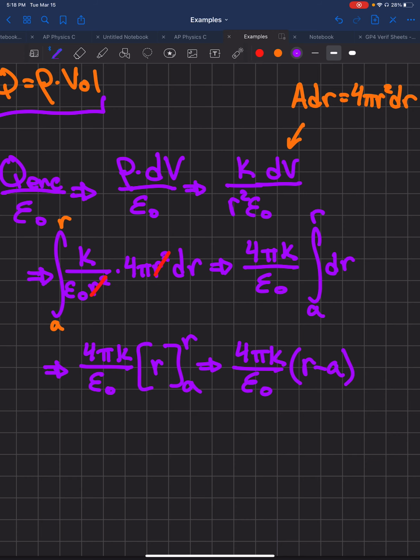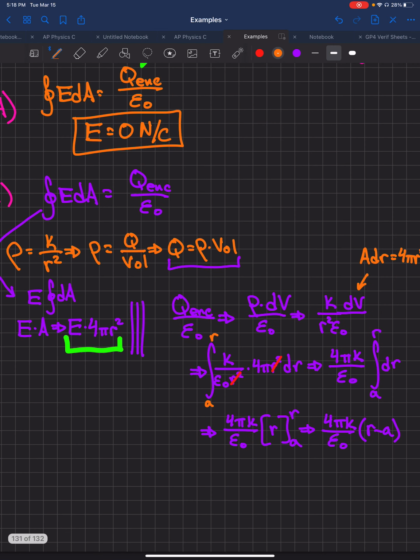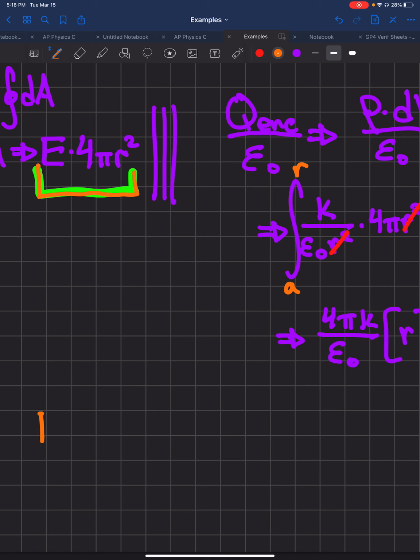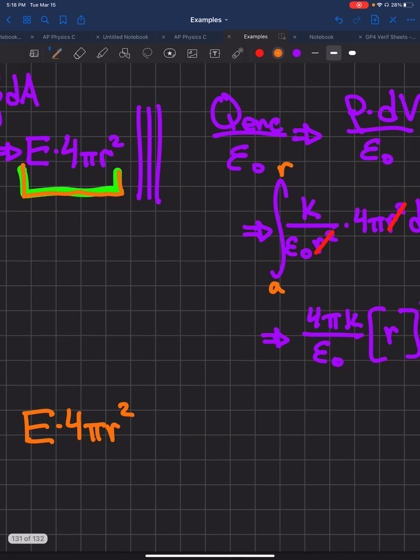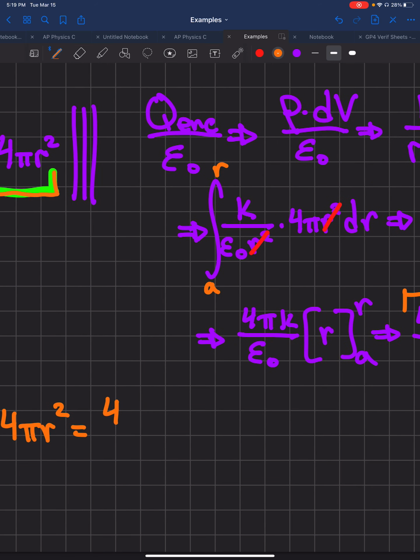Okay, great. We have now finished both the left side and the right side of Gauss's law, so now we can just set them equal to each other. This side is our right side of the equation, and this here is our left side. So you have E times 4 pi r squared, that's our left side, equal to 4 pi k over epsilon naught times r minus a.